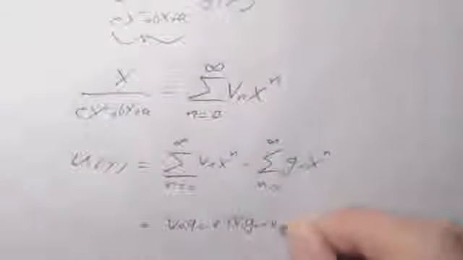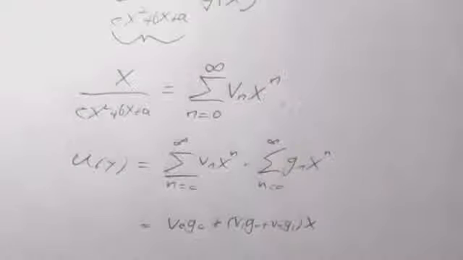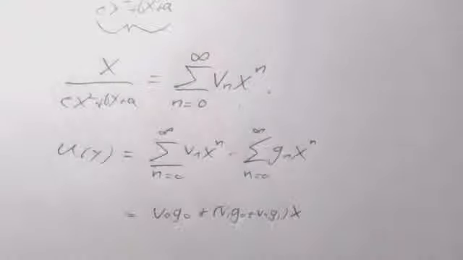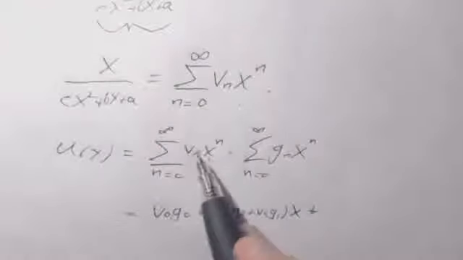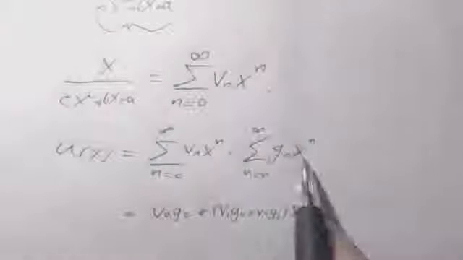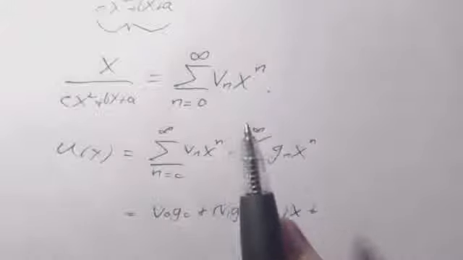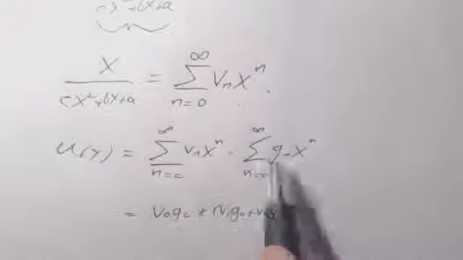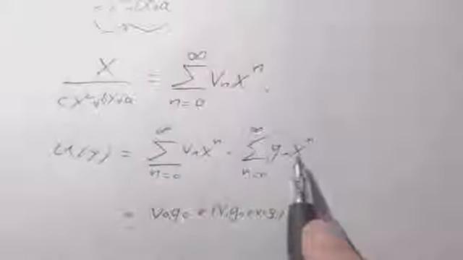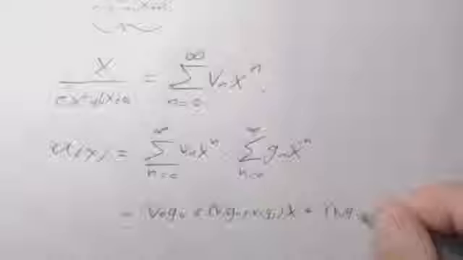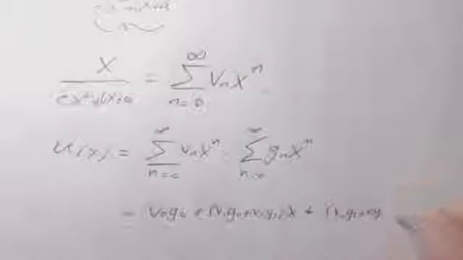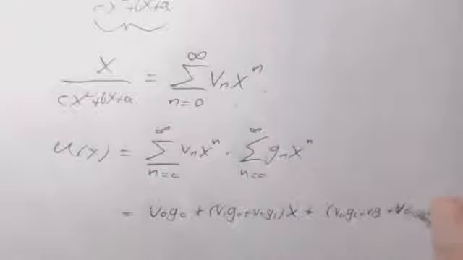So your next term would be (v1 g0 plus v0 g1) x. And if you wanted the x squared terms, you could have a constant term on this side and a square factor on that side, a linear factor on each side, or a quadratic factor on this side and a constant factor on the other. So you're going to have (v0 g2 plus v1 g1 plus v2 g0) x squared plus, and so on.